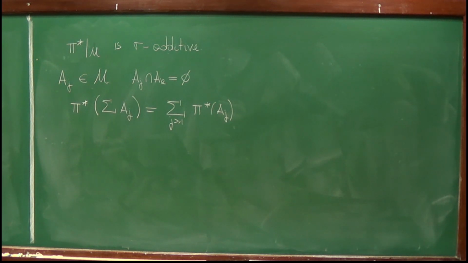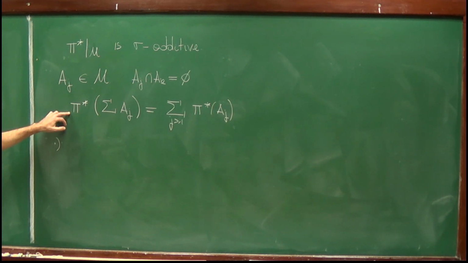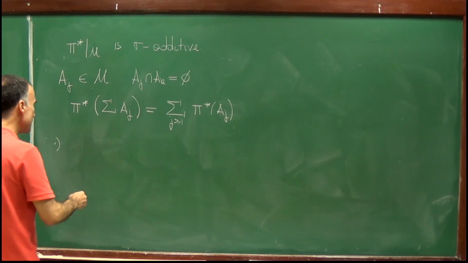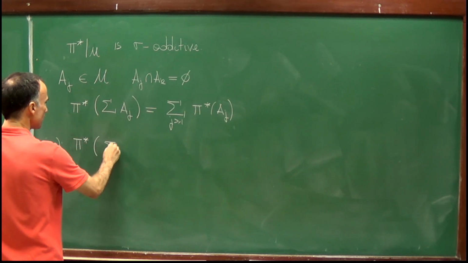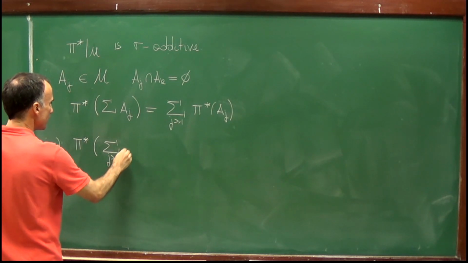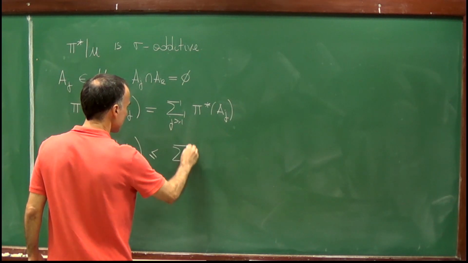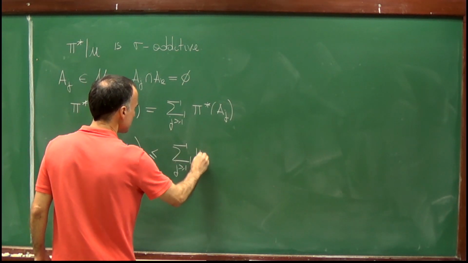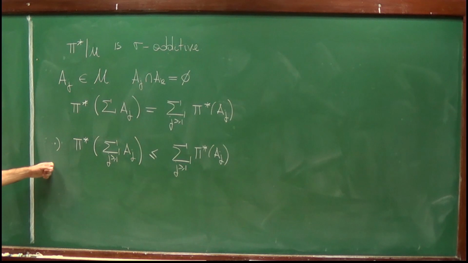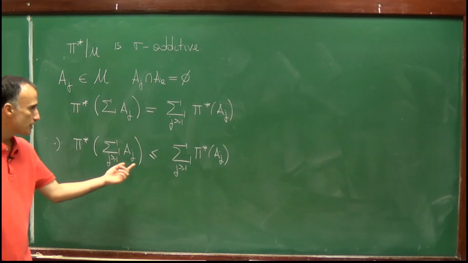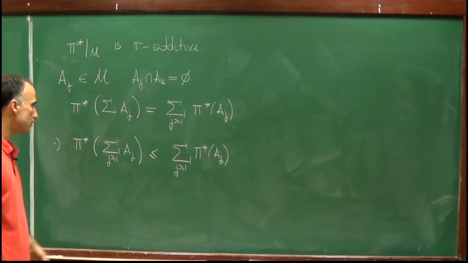We have seen that P star is an outer measure, so it is sub-additive. So P star of the union of Aj is less than or equal to the sum of P star of Aj. This first inequality follows just by sub-additivity. Now we have to prove the reversed inequality.